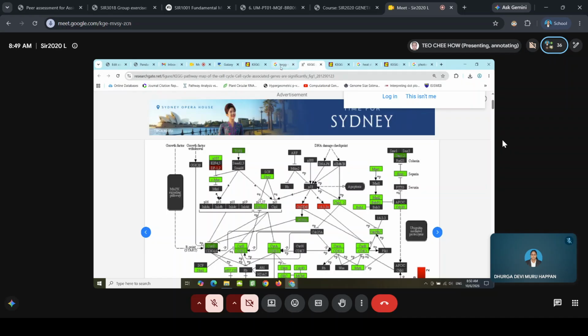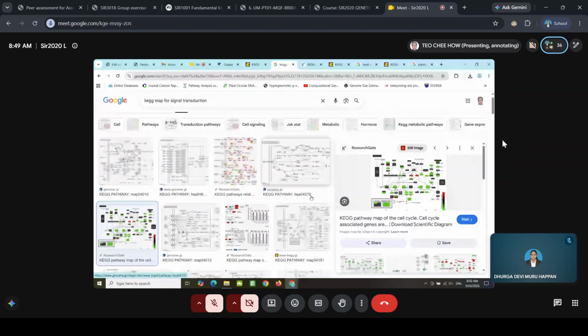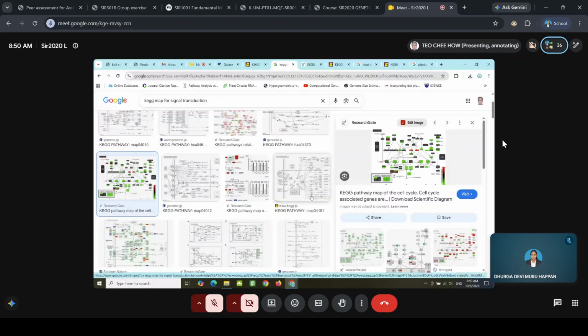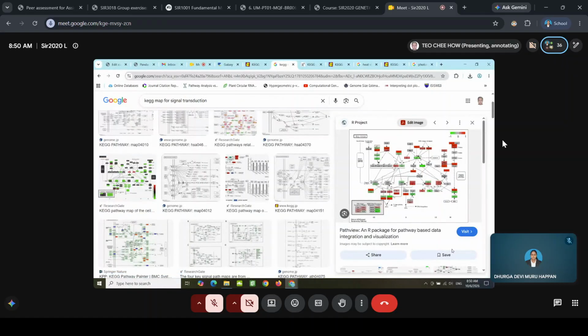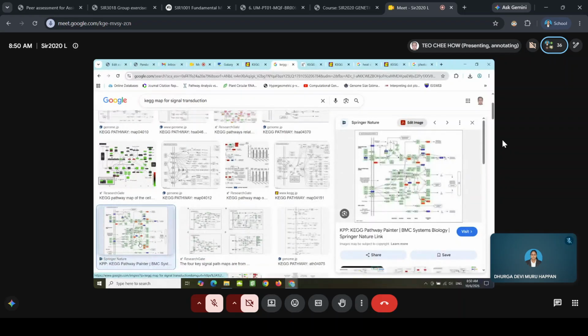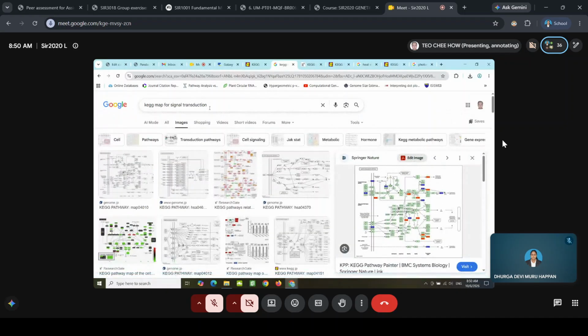Then it will be easier for you to explain it. Let's see whether I have a better example. This one, cell cycle. MAPK.